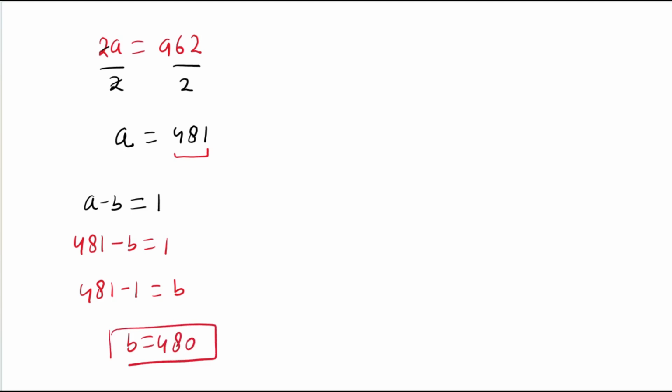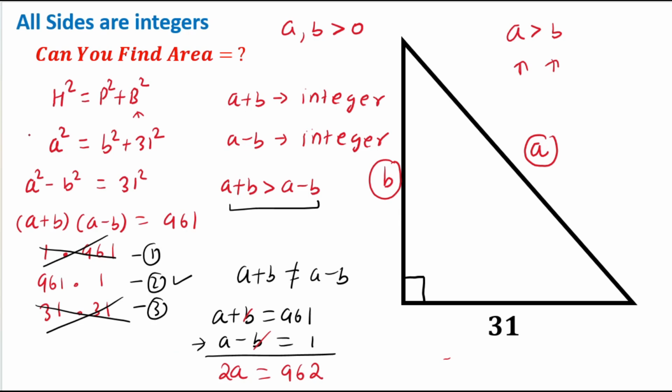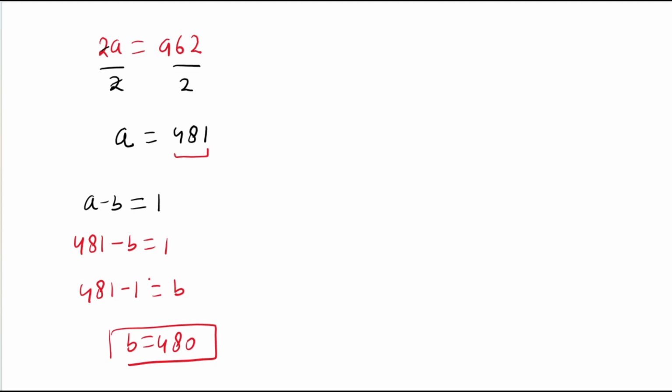Now we know that we need to calculate the area of this right angle triangle. Here the base is 31 and the height of this right angle triangle is 480, and we know that the area of a right angle triangle is 1/2 times base times height.